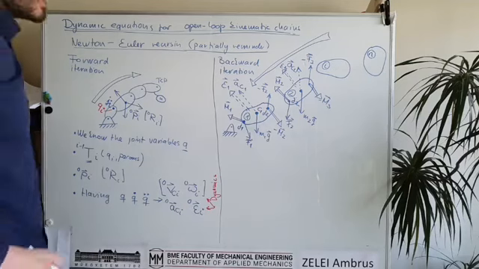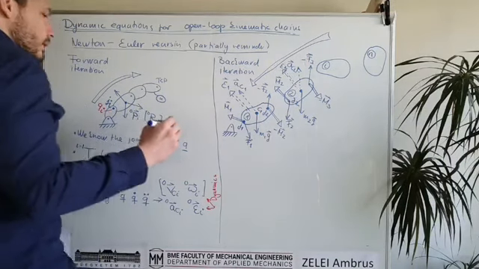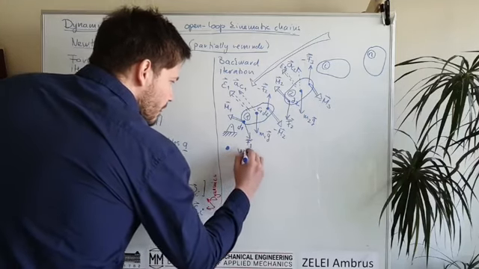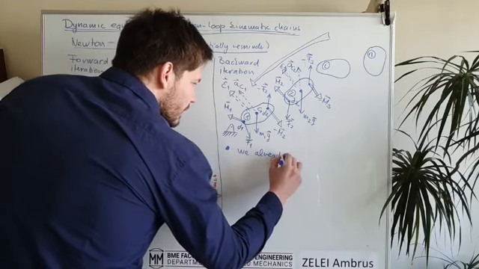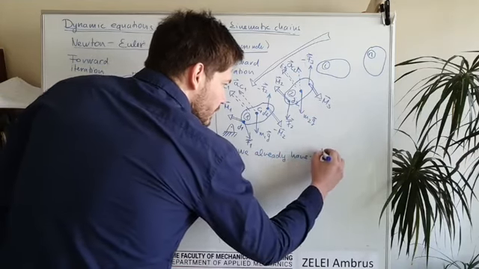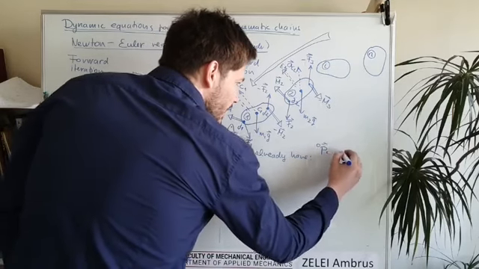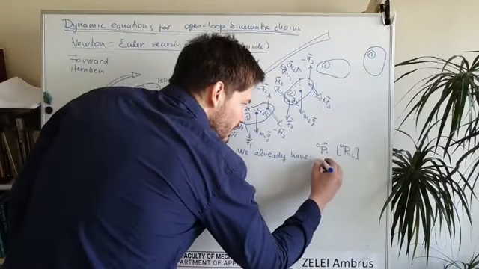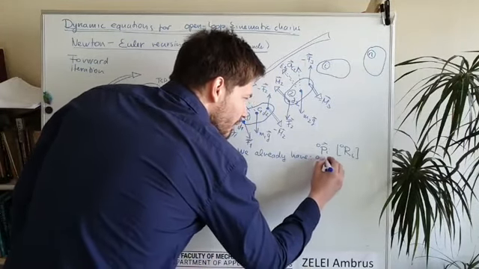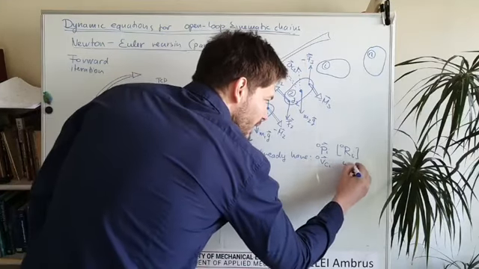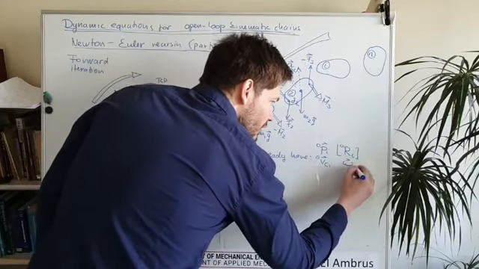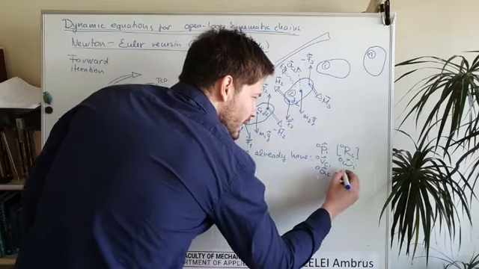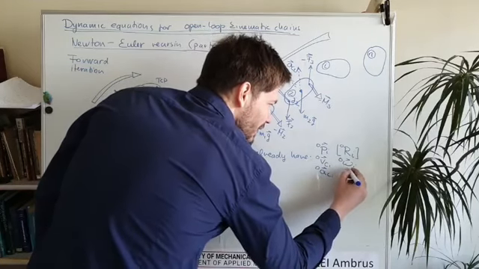Okay, so let's go to the details. What we have will be listed here. We already have the position and orientation of each link, and we also have the velocity of the center of mass of each link and the angular velocity of each link, and we also have the acceleration of the center of mass of each link, and the angular acceleration of each link.